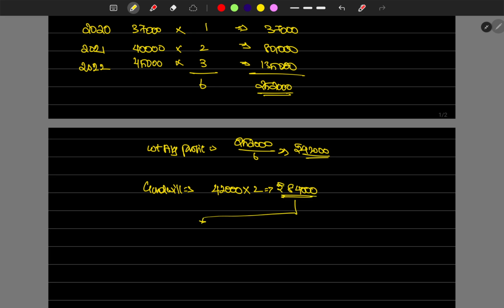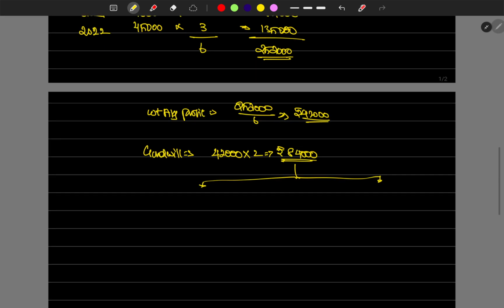Okay, now we have to compute for P and Q. How can we calculate the goodwill which is sacrificed by A and B and gained by P and Q? So who will be paying to whom? Obviously the gaining partners will be paying to the sacrificing partners.